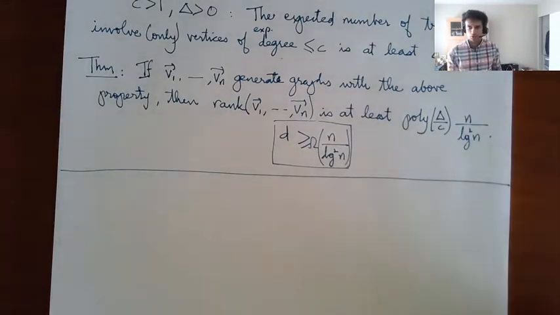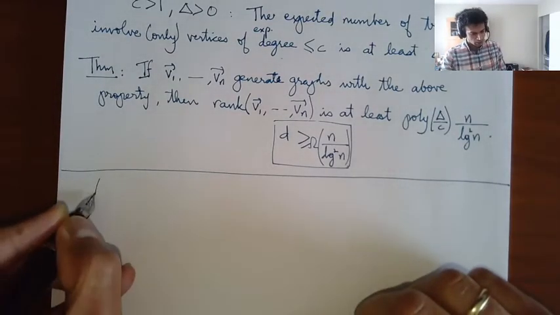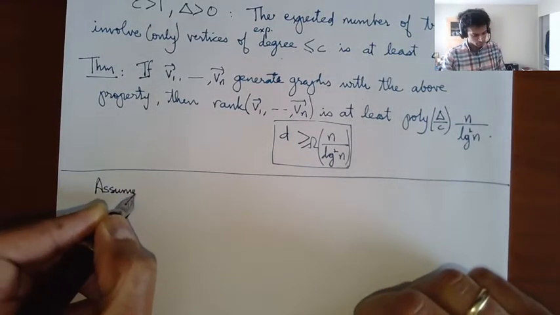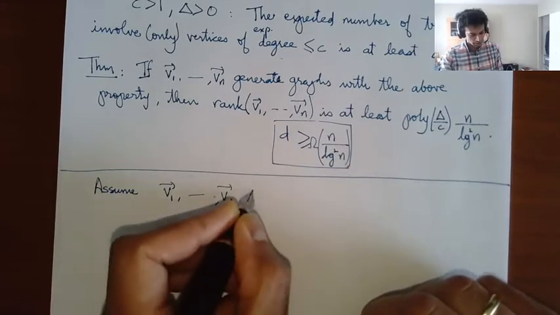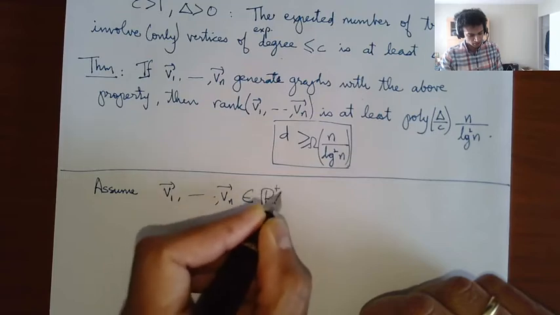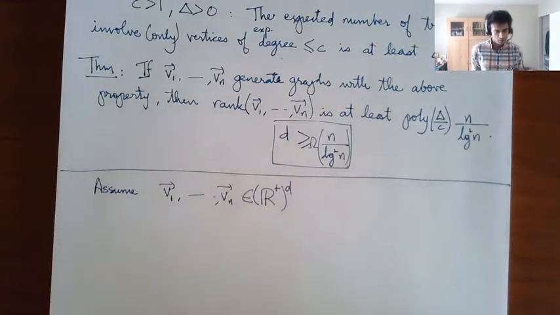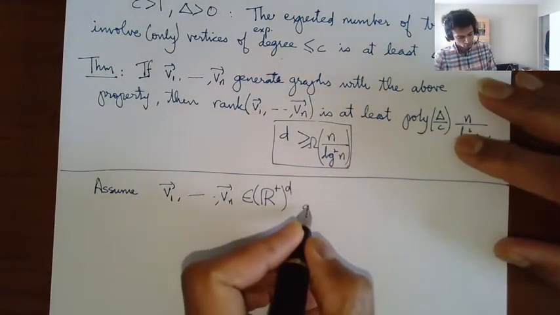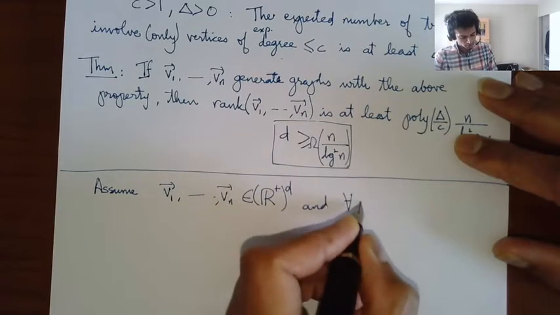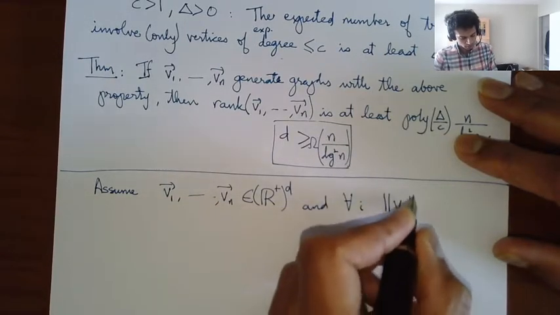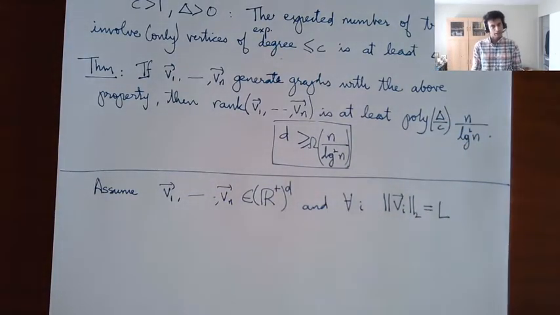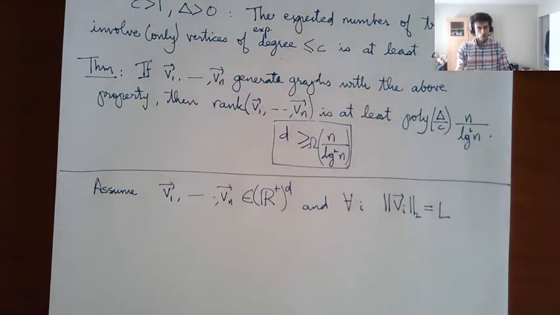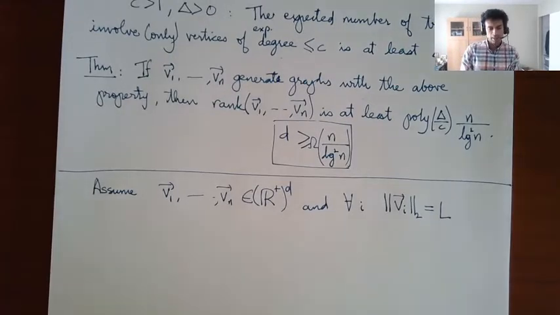Just to warm ourselves up, let's assume that the v1 up to vn are all non-negative vectors. Furthermore, for all i, let's assume that all these vectors have exactly the same length L.